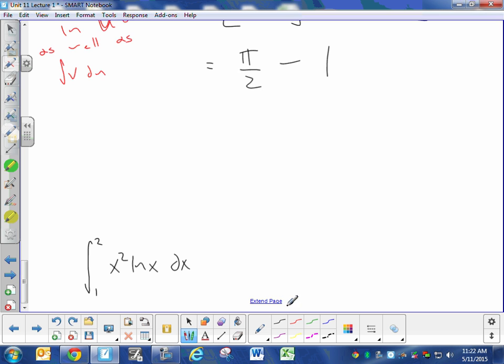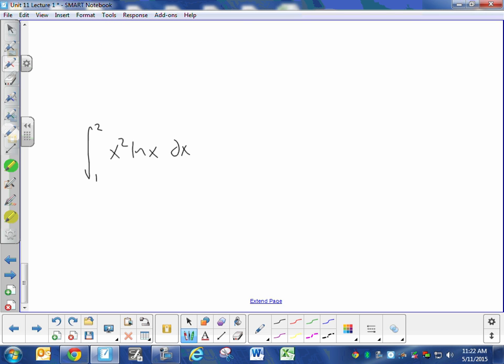Okay, so let's do this one, then we'll finish up with one more problem. Find the area under x squared log x from 1 to 2. Then use your calculator to check your answer.